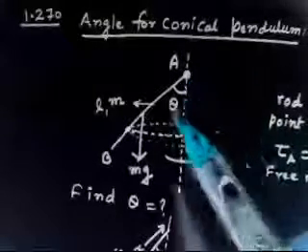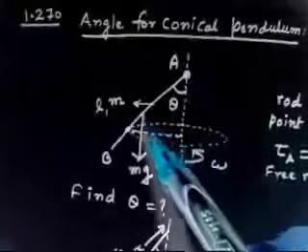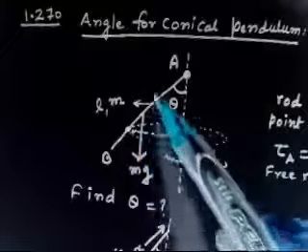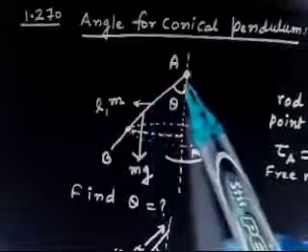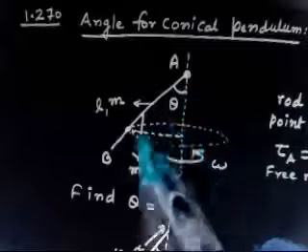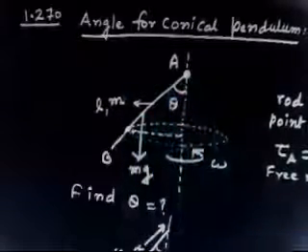Now what I am going to do is, this rod is in equilibrium about this point. So there are two torques. One torque is due to mg. mg tries to rotate this rod this side, and the centrifugal force tries to rotate the rod this side. So equilibrium will be reached, and the torque due to mg should be equal to the torque due to centrifugal force.